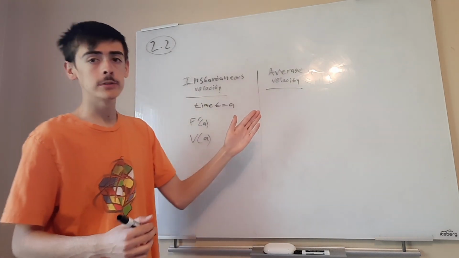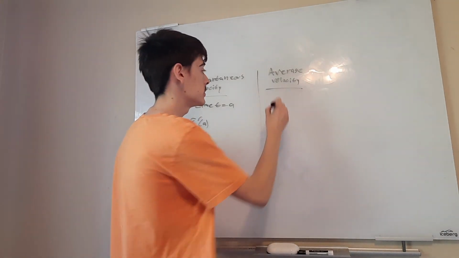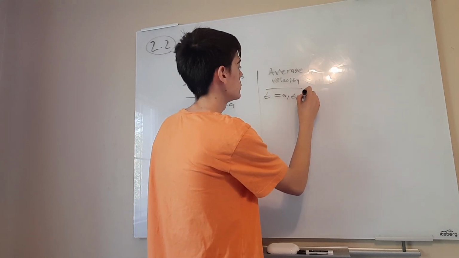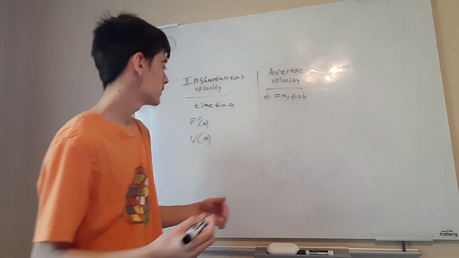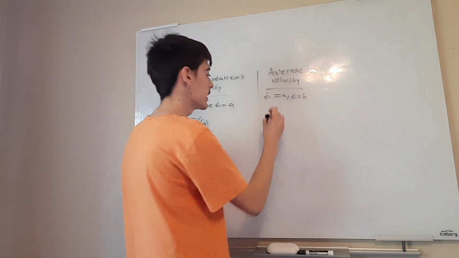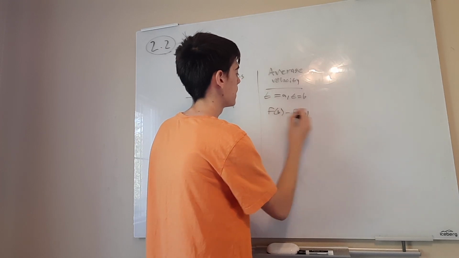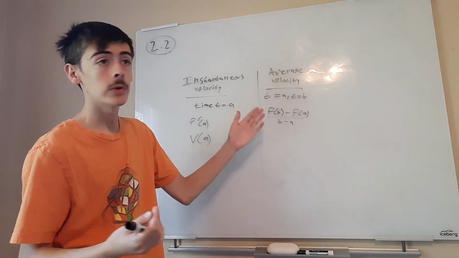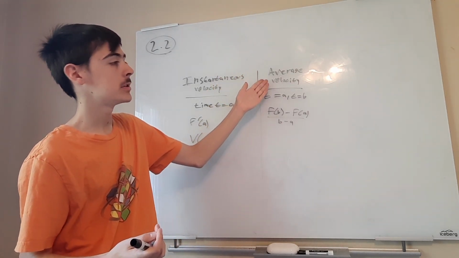If you're talking about average velocity, it's a bit different. This one, you're going to need two time values. So let's say between t equals a and t equals b, the average velocity between these two times. In terms of our general format that we've been seeing lately, it would be f of b minus f of a over b minus a. You should recognize this as the average rate of change formula that we've seen before. This time it's just under the new name of average velocity.